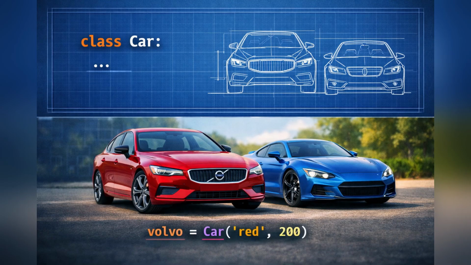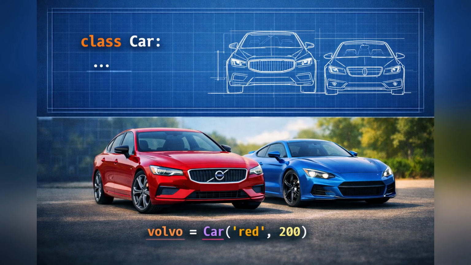Now we move into object-oriented programming, starting with classes. A class is essentially a blueprint or template for creating objects. Think of it like a design plan. The class defines what something should have and what it should do, but it is not the actual thing itself. For example, a car class defines what a car is in general, its properties like color and horsepower, and its behaviors like driving.